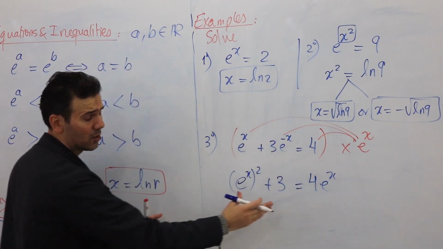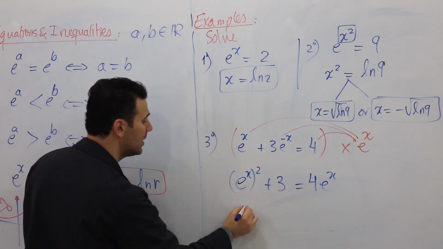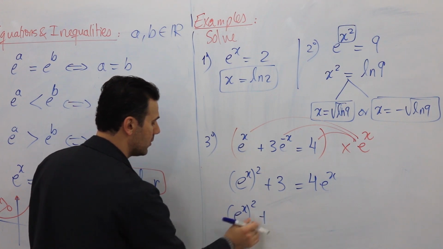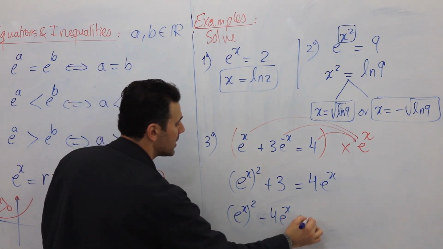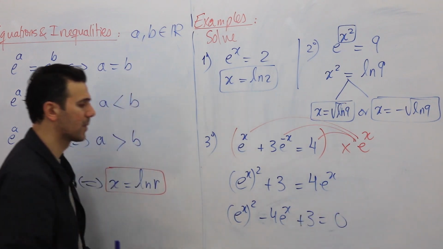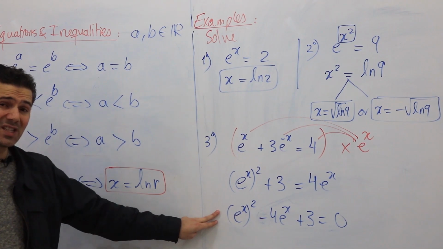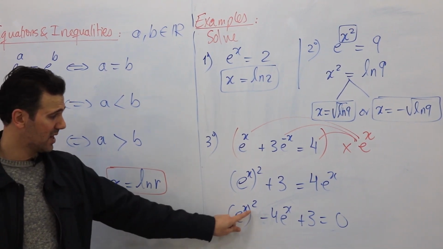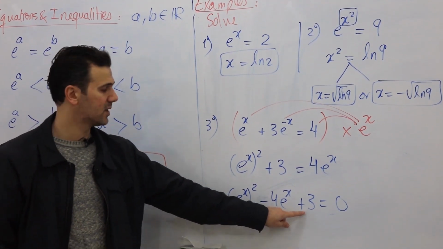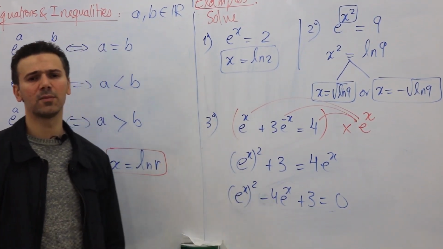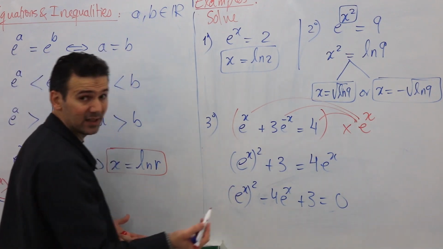Again, arranging this equation by taking all the terms to the left side, you'll get (e^x) squared minus 4e^x plus 3 equal to 0. As you see, we have an equation with variable e^x squared, minus 4 times this variable, plus a constant. This reminds us of, yes, a quadratic equation.